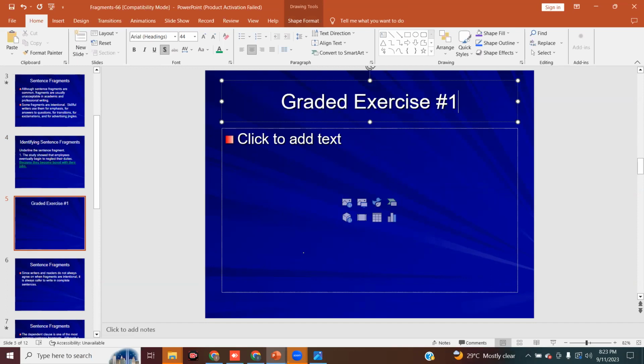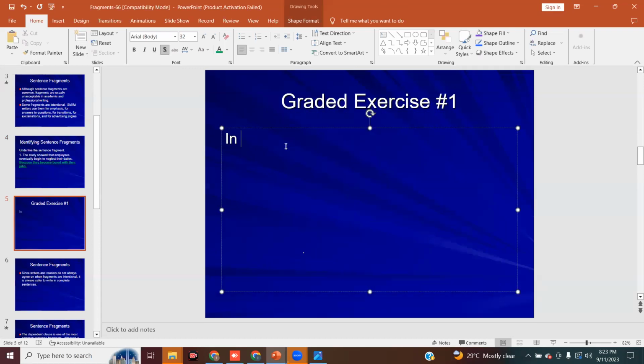In each case, what we want to do is underline the sentence fragment. Do this one in your book, and once you do it in your book, send a photo of it to me via WhatsApp.